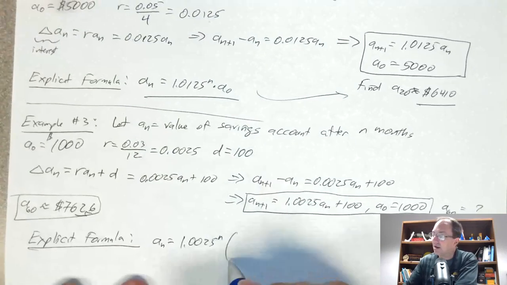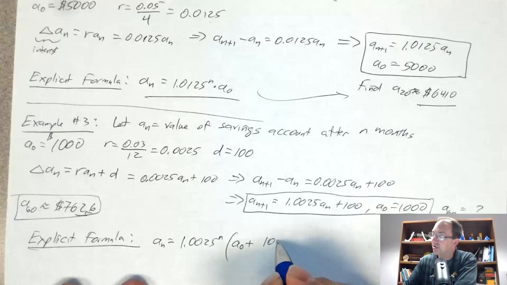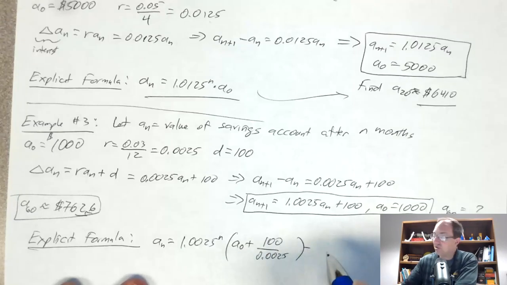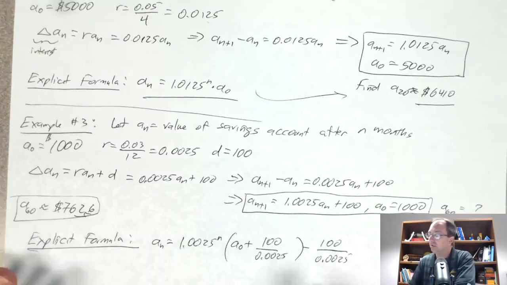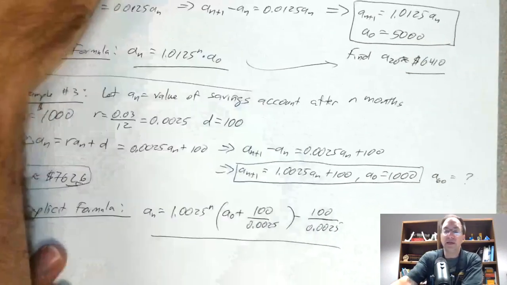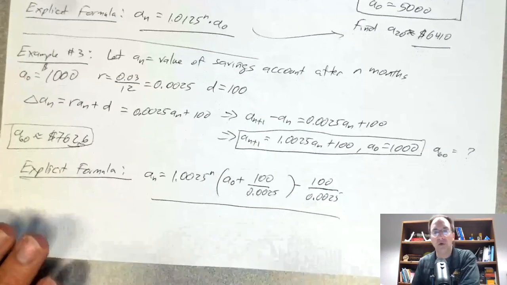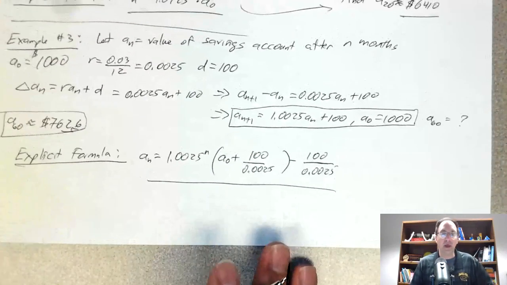But the difference is now, instead of multiplying by A naught, we multiply by A naught plus 100 over 0.0025, and then we subtract 100 over 0.0025. All right, so that's the explicit formula. Again, work that out on your own, see if you can be clear where that comes from.